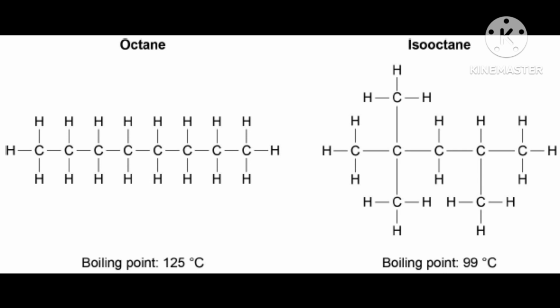It will burn very quickly and has very little tendency to knock, and its octane number is given as 100. So normal heptane, which is bad, is given an octane number of 0, and isooctane, which is very good, the best, excellent, is given an octane number of 100.